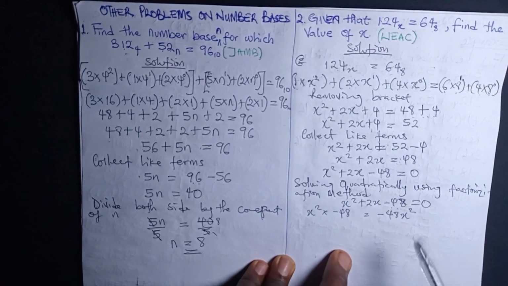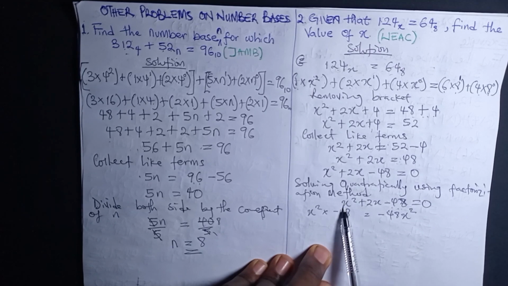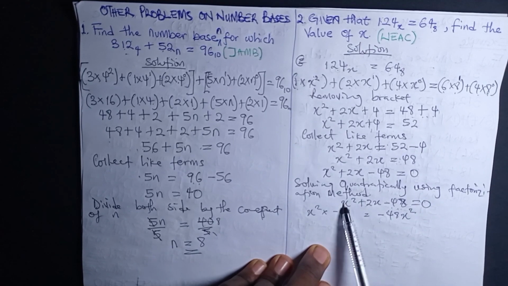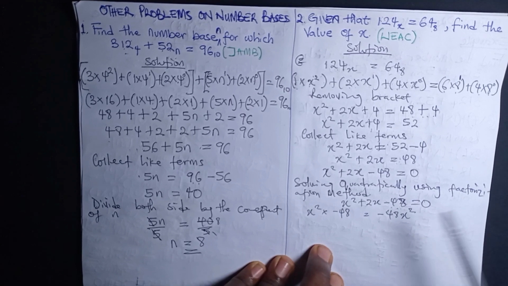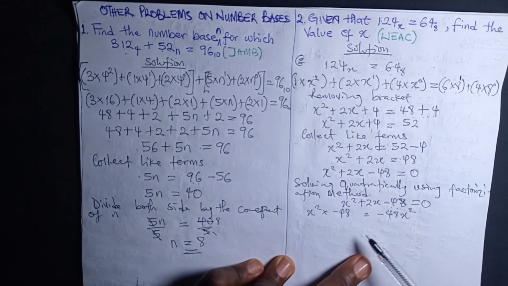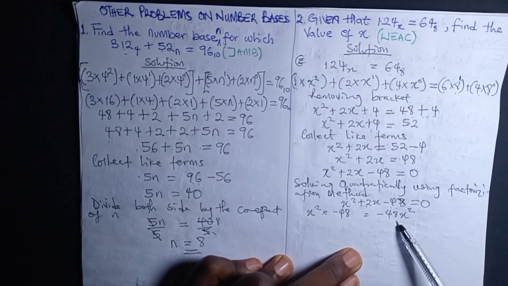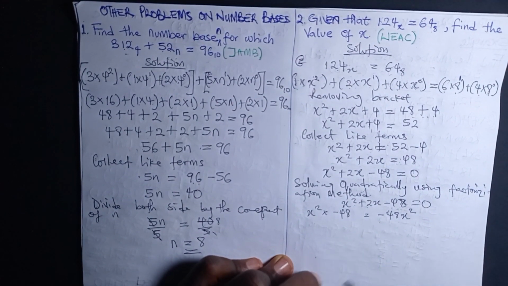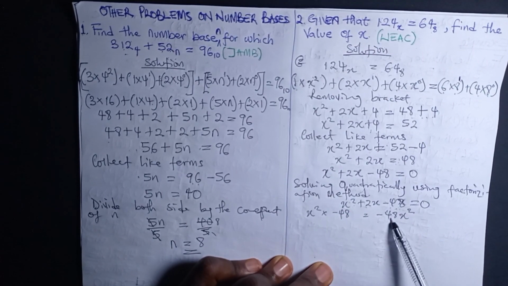Then you look for two values that, whenever you sum them up, give you the second term, and if you multiply the two values together, give you the product of the first and the last term, which is this.